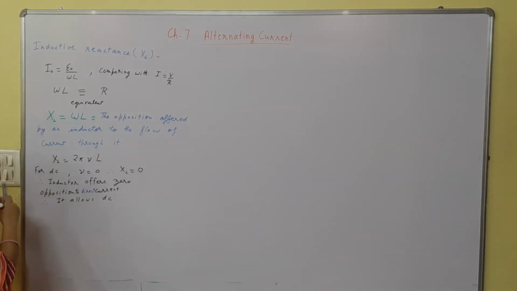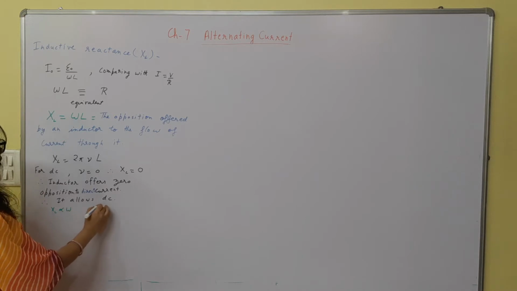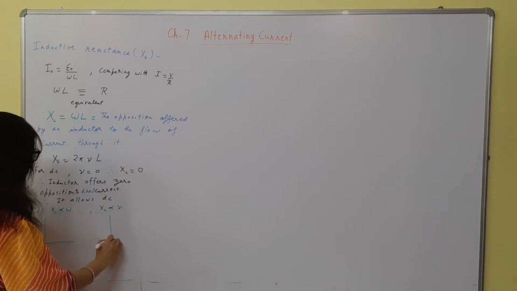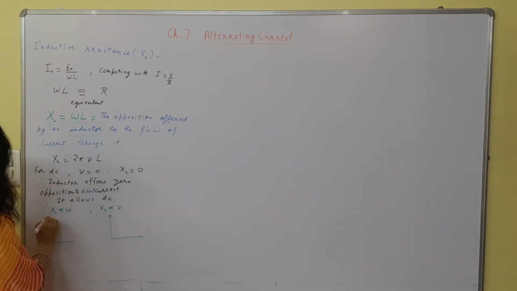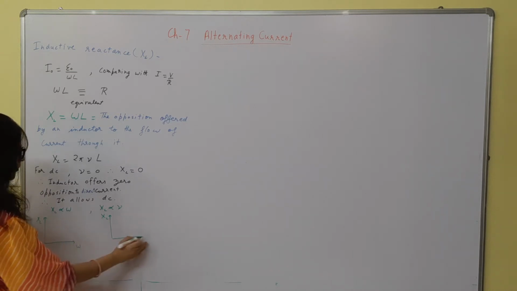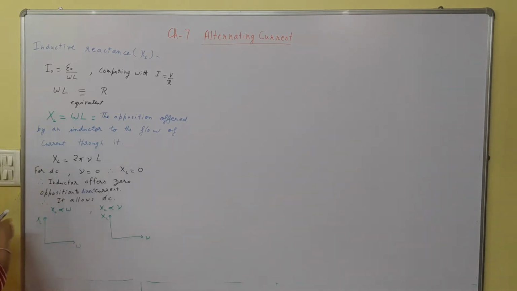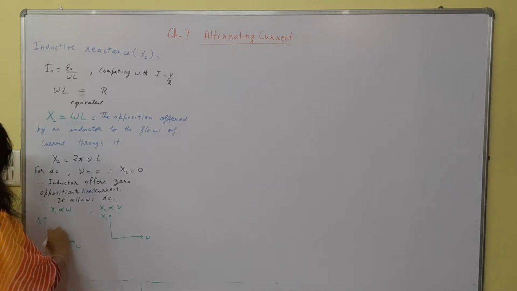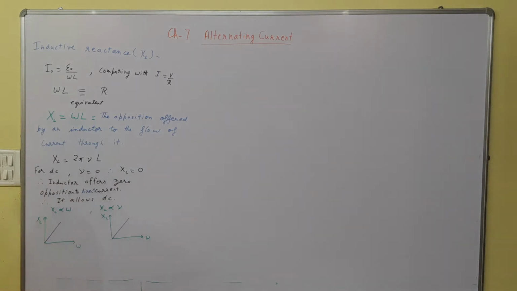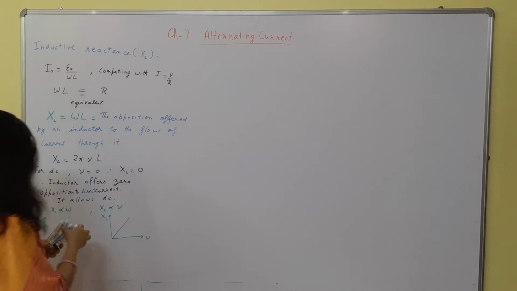Also you can see here that XL is directly proportional to omega, or XL is directly proportional to the frequency. So if I want to plot the graph of variation of XL with omega or frequency, it will be a direct proportionality graph.